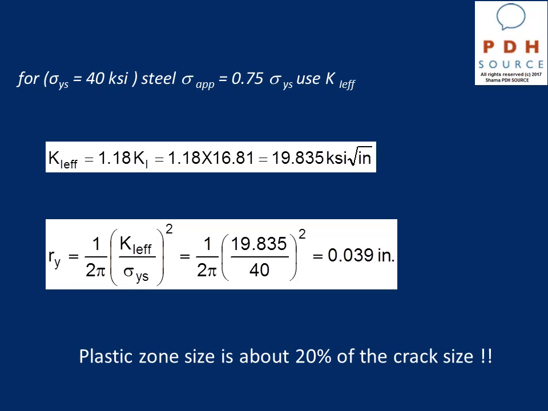So basically here the assumption of linear elastic fracture mechanics is violated, as the plastic zone size is quite large compared to the crack size. Therefore, it is more accurate to use the J integral, which will provide a more accurate representation of the fracture, because, as I mentioned, the J integral can deal with cases of plasticity.